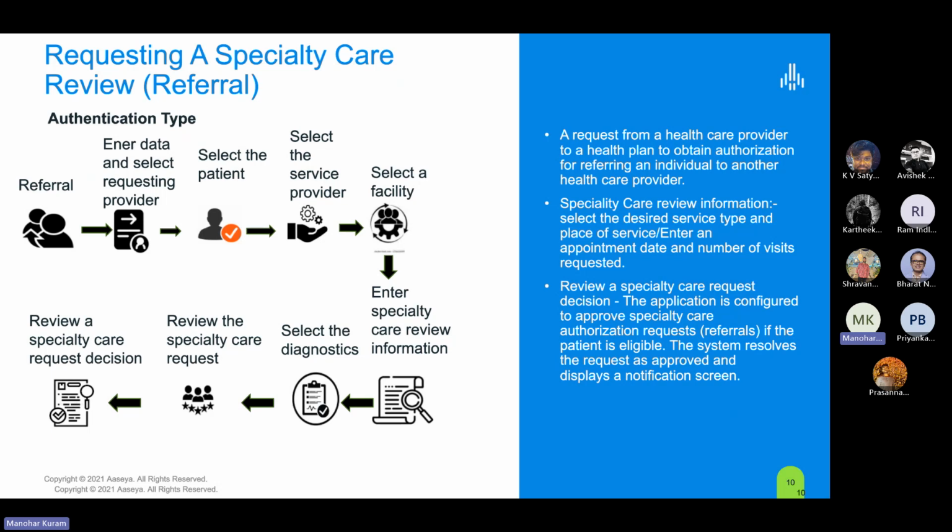Based on the visibility here, the type of information that is displayed is either an appointment date and number of visits requested. Information is displayed in the enter specialty care review information step. Once this information is entered, we will select the diagnosis, review the specialty care, and go ahead with reviewing the specialty care request decision.